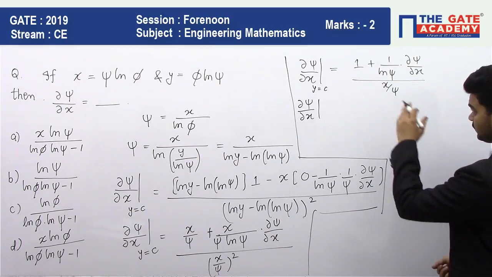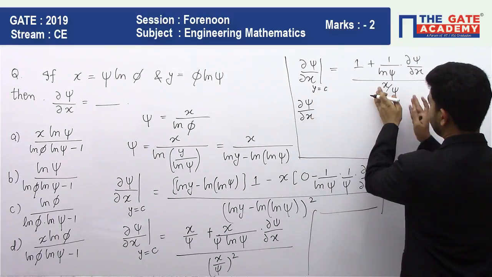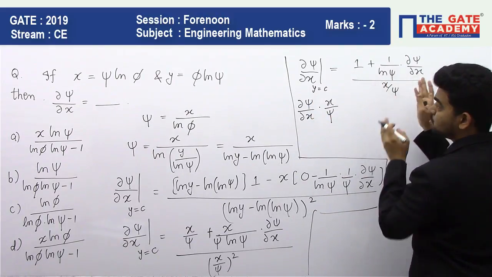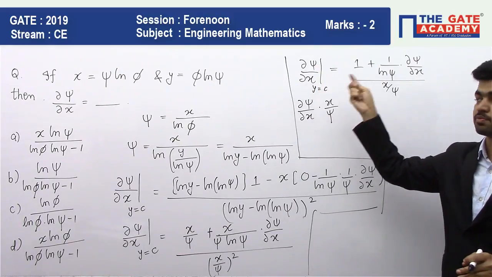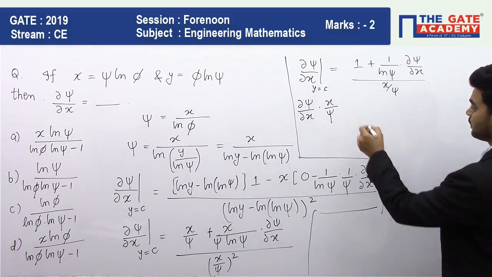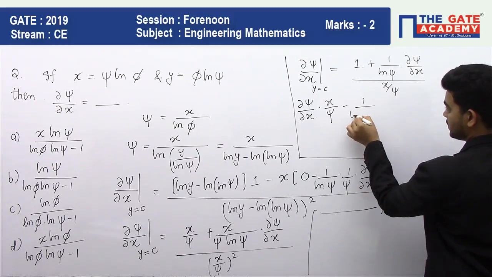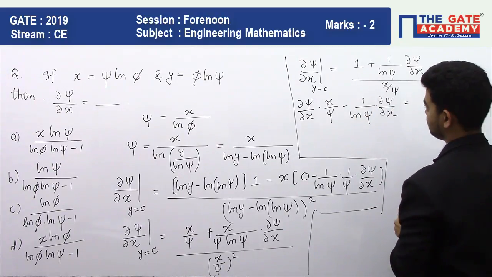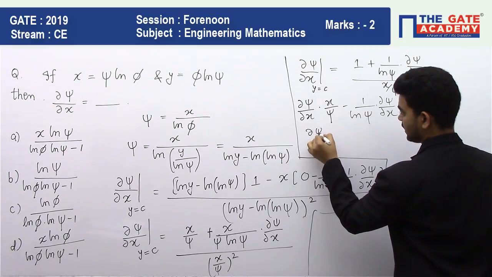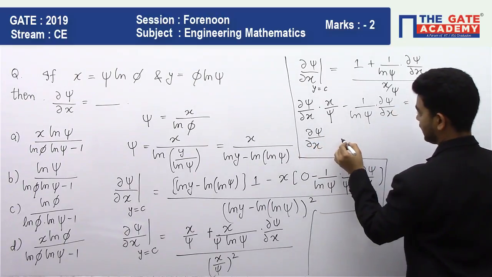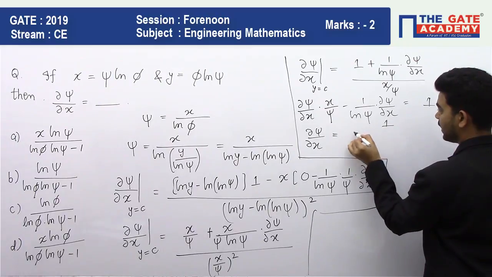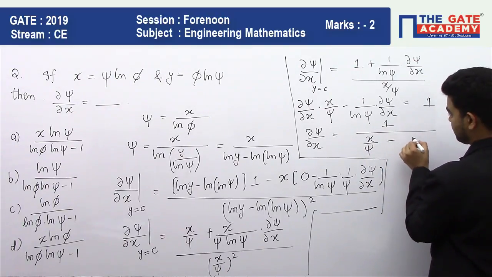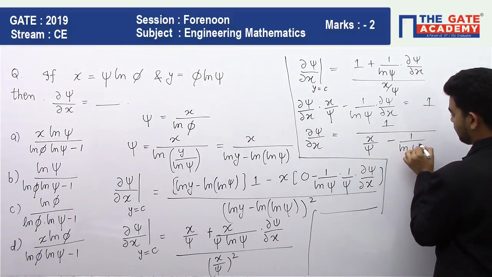We will take this x by psi, and we will take this term because we want to evaluate del psi by del x from this expression. Just a simple manipulation is required here. It will be 1, so del psi by del x is taken common. Here it will be 1 by x by psi minus 1 by ln phi.